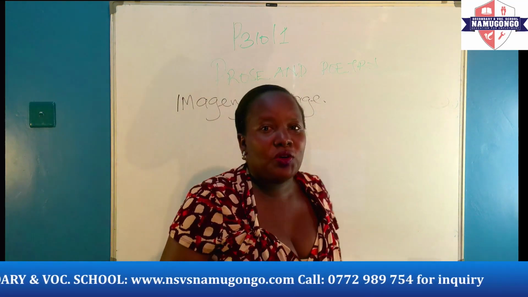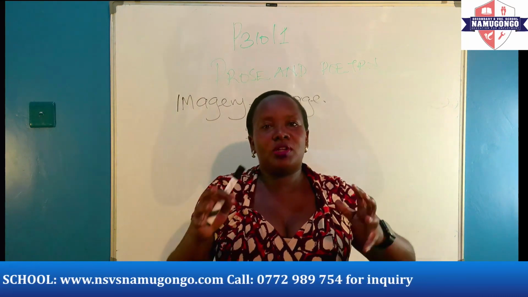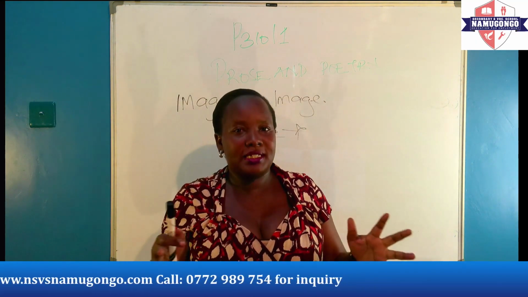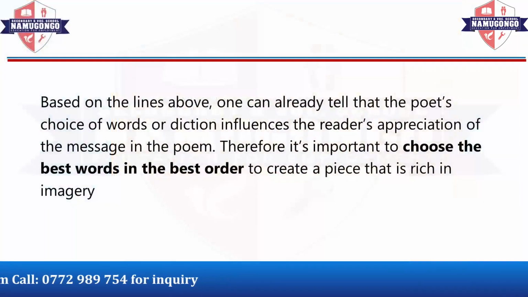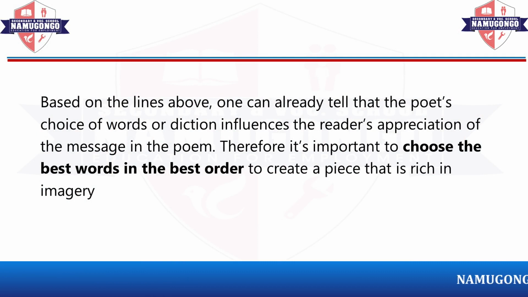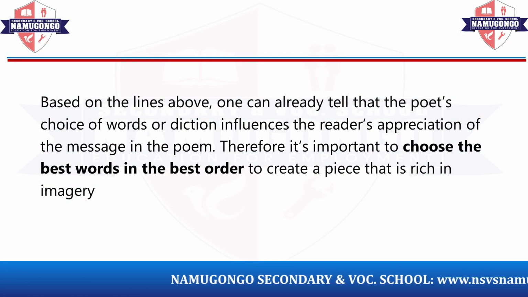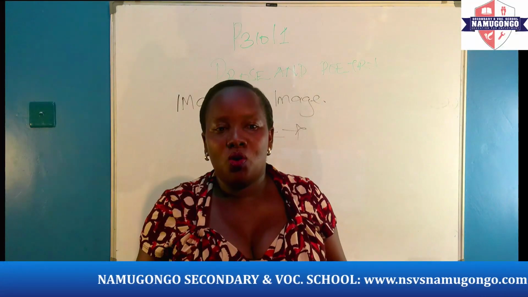Now, you can already tell that based on the lines that we have read, it is up to the poet's intention to make sure that he or she uses the right words in their best order. You cannot create a good image in a poem without choosing the best words in the best order.